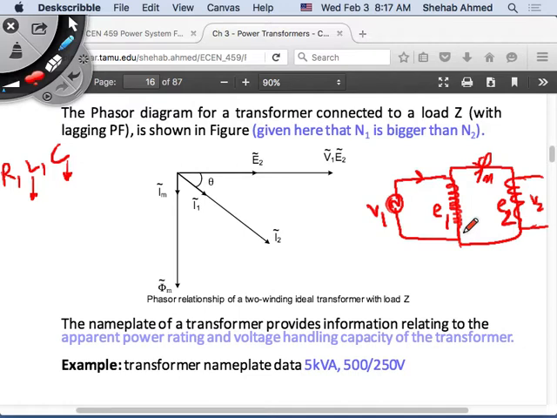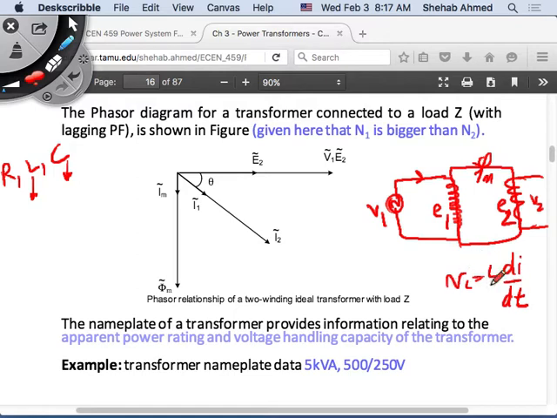So it's like current flowing through an inductor. What is the relationship between current flowing through an inductor and the voltage that created it? Sure, V is equal to L di by dt. So they are going to be phase shifted by 90 degrees, since we're talking about sinusoidal signals, right?